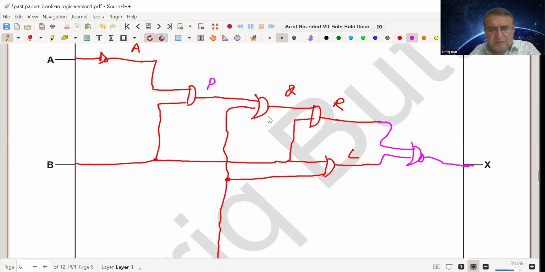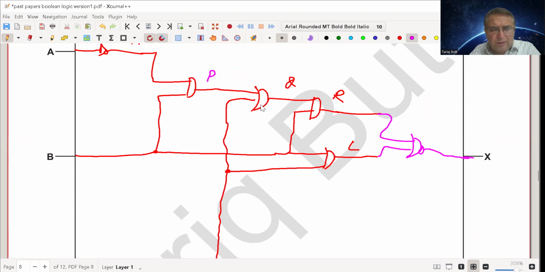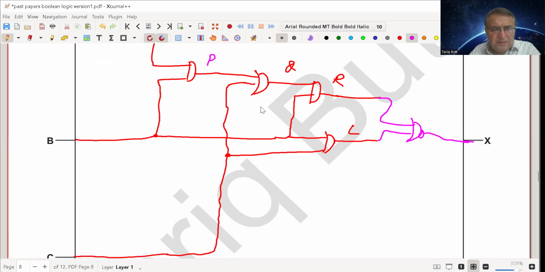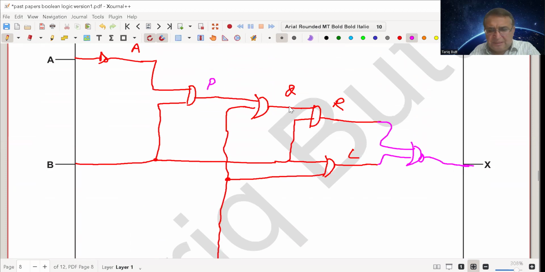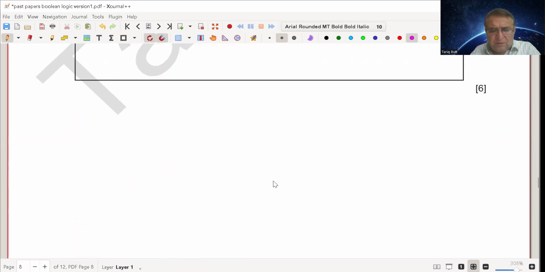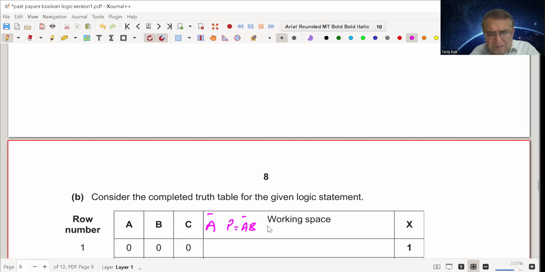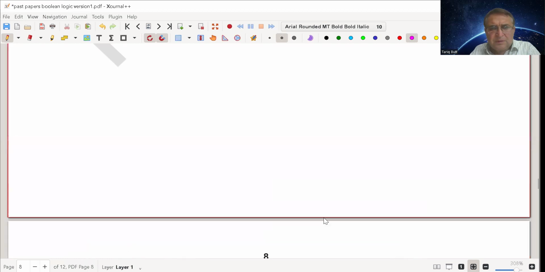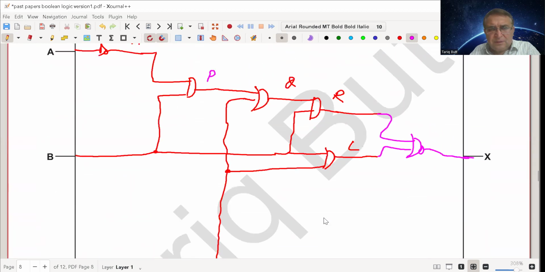Then Q is what? That is P or C. P or C, that is Q. Then R is what?